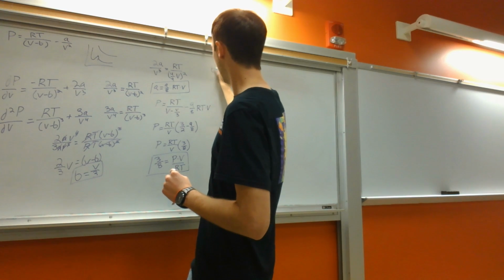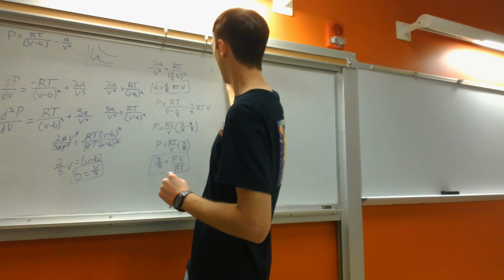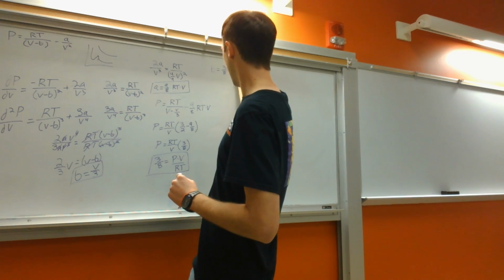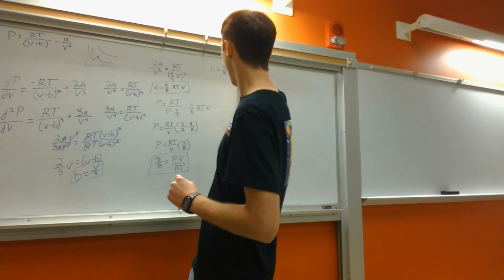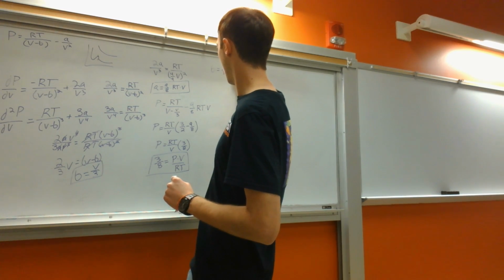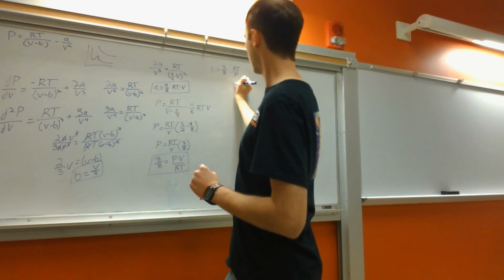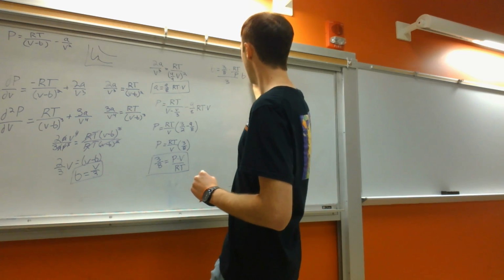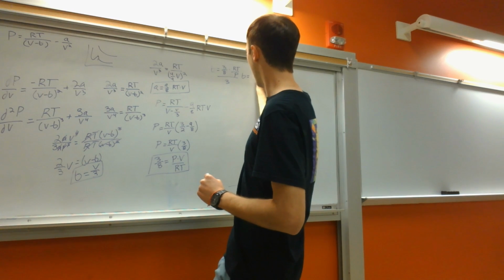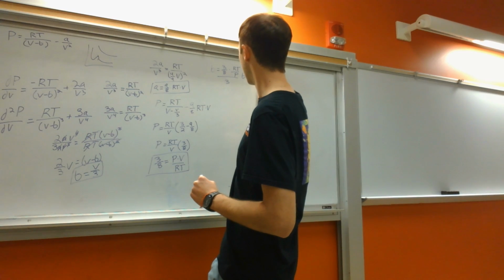For B, B is currently 3/8 times RT over P. And we can divide that whole thing by 3 and find B is now equal to RT over 8P.